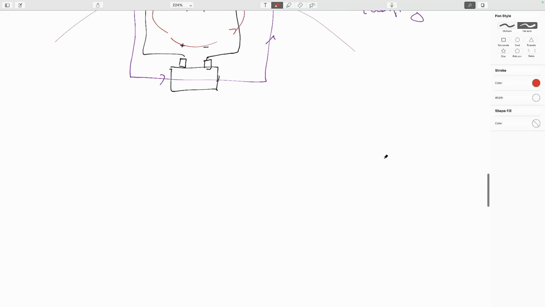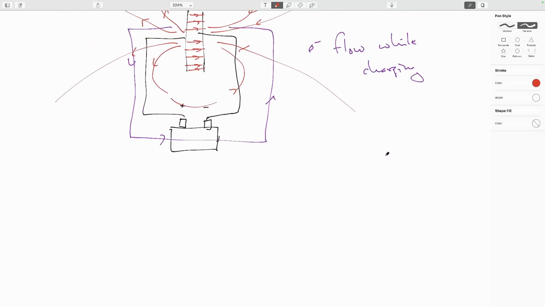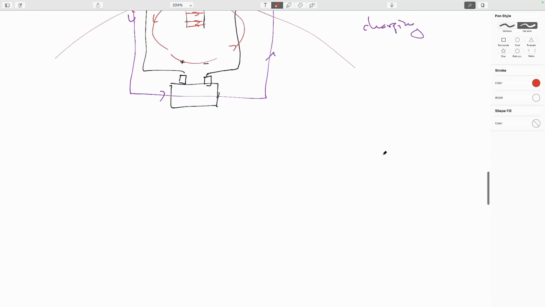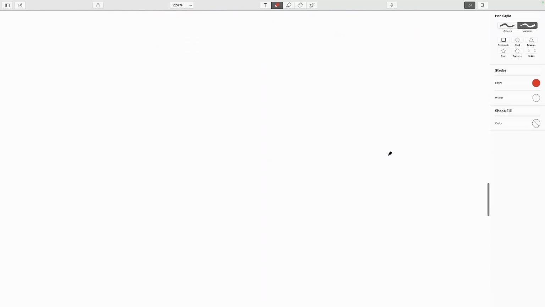So anyway, the strength of the field that you have to work against is proportional to the charge held. And so while charging here, since we aren't changing the spacing between the plates, the voltage across the plates is also the same.